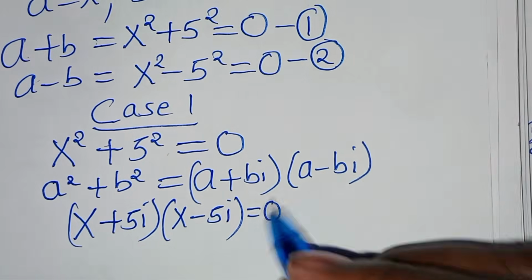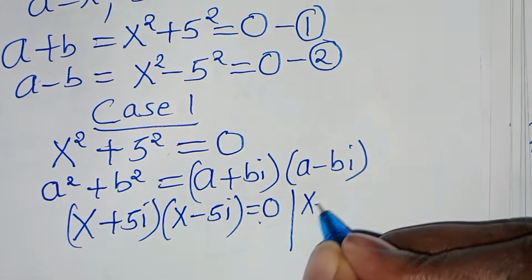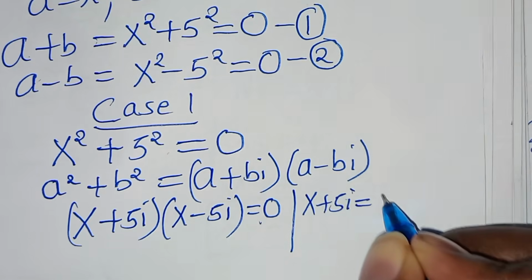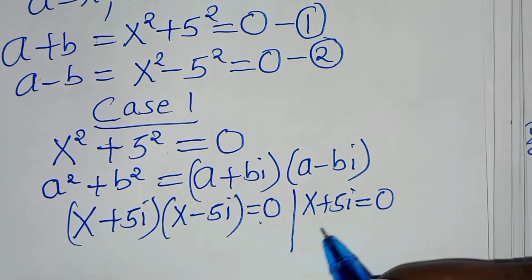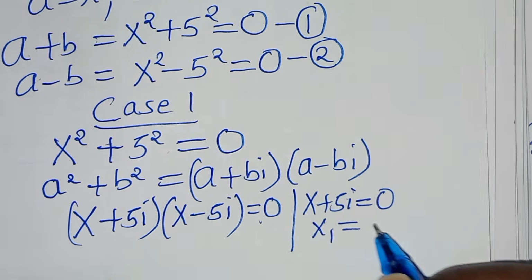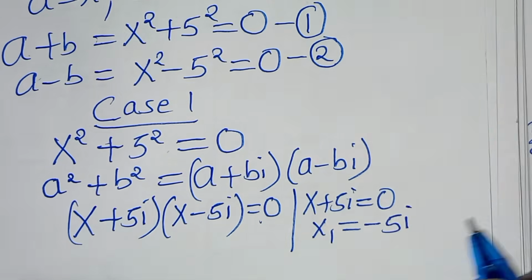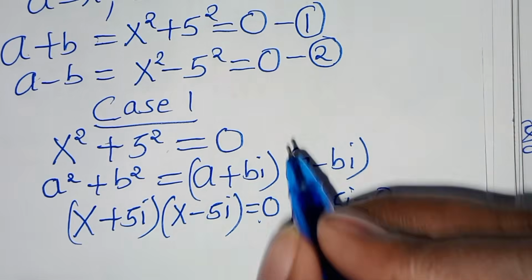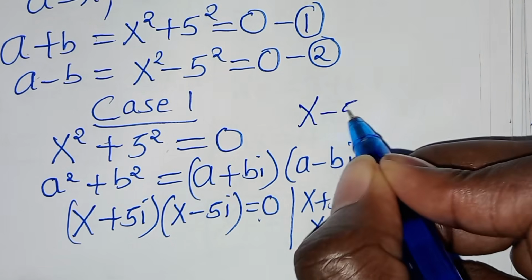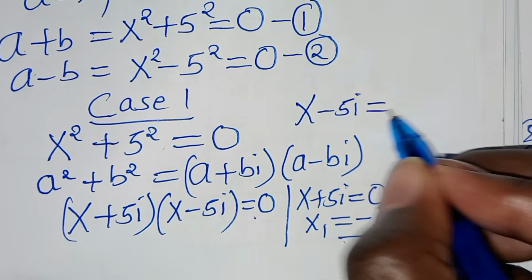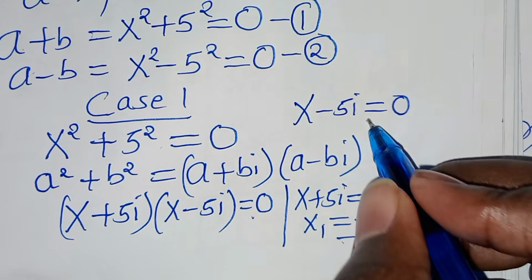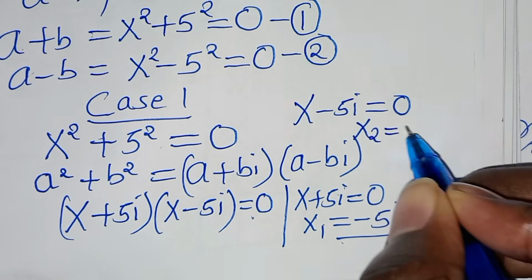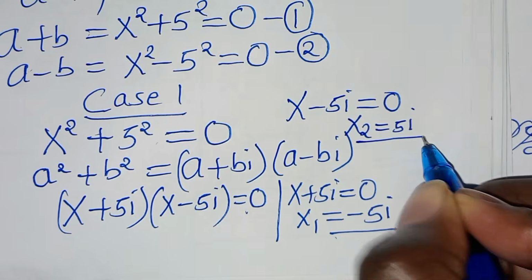This implies x plus 5i equal to 0, and therefore x1 is equal to minus 5i. For x2, we have x minus 5i equal to 0, and this implies that x2 is equal to 5i.